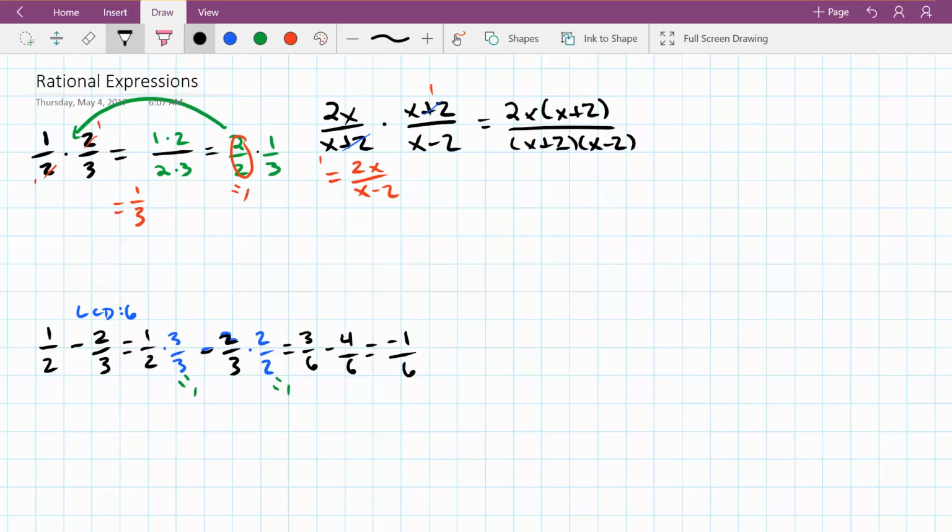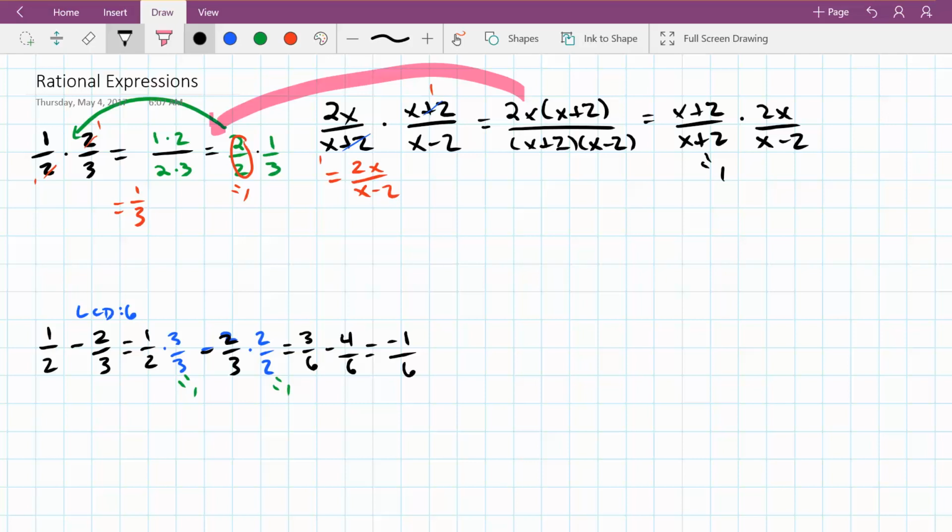And rearranging them just as we did before, just like we did here, we would change this to x plus 2 over x plus 2 multiplied by 2x over x minus 2, and you could see they result in the same multiplication. Again, x plus 2 over x plus 2 is just simply 1. And we're only left with 2x over x minus 2. That's it. That is the answer.